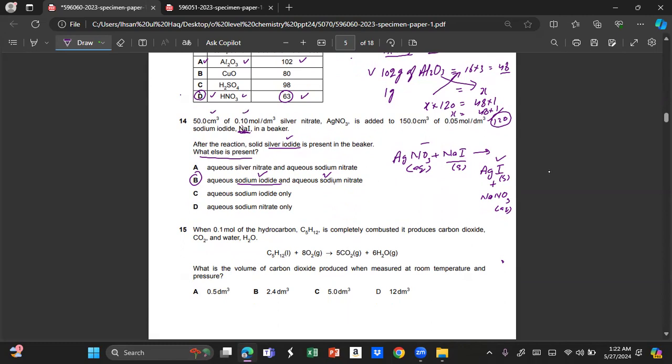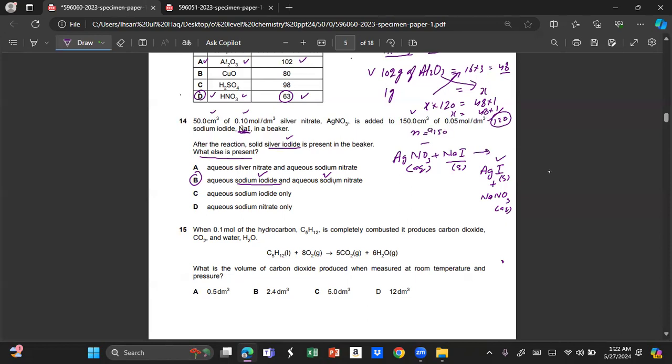Volume and concentration for AgNO3, volume and concentration of sodium iodide. If you calculate the number of moles of both, you will see the number of moles of sodium iodide will be more. That means it will be in excess. How to calculate moles? Simply you can multiply by converting 150 into dm cube.